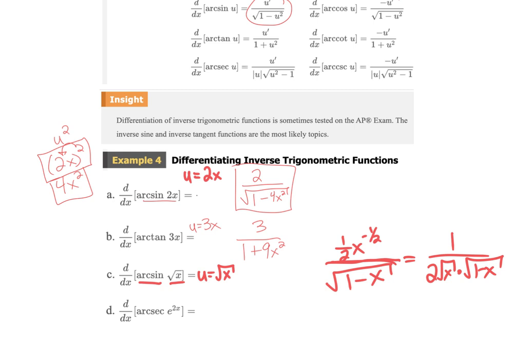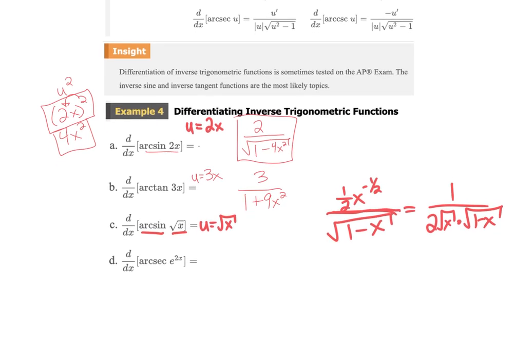Now we have arc secant of e to the 2x. Again, I'm just going to be following this rule at the top of the screen. My u will equal e to the 2x. Now notice I kind of have a u and I kind of have a v if I'm doing chain rule, right? So I could change that to e to the v, and my v is 2x.